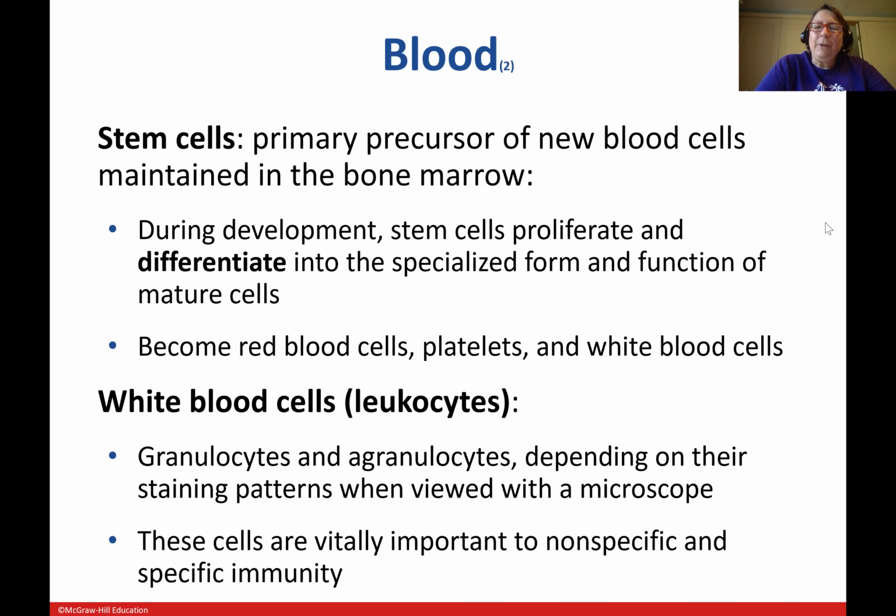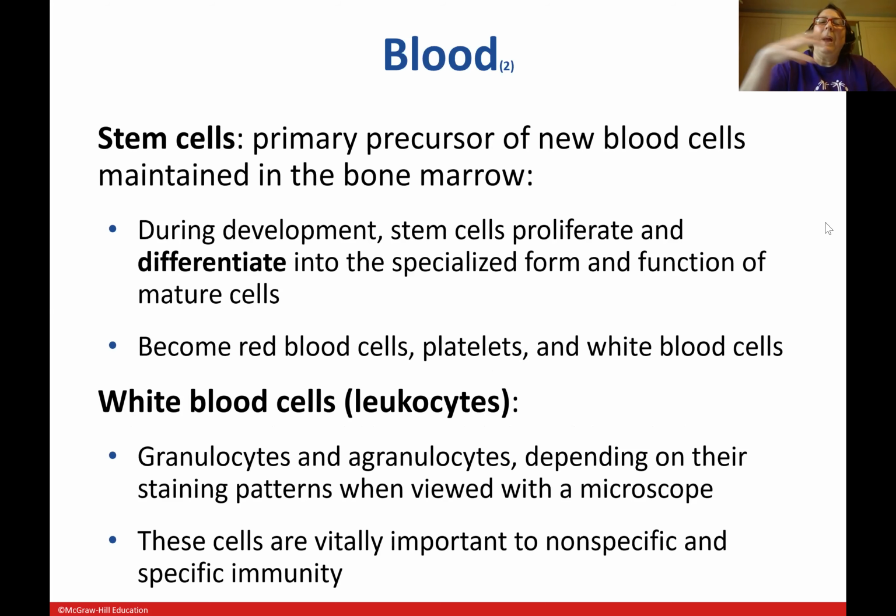So there are some other cell types that we should talk about that are components of the blood. Stem cells actually are things that live in the marrow, and these are the precursors to all the new blood cells that are produced by the bone marrow.